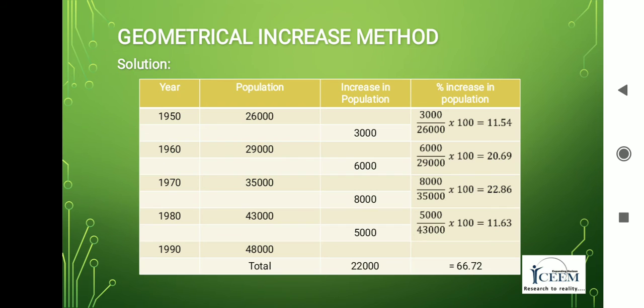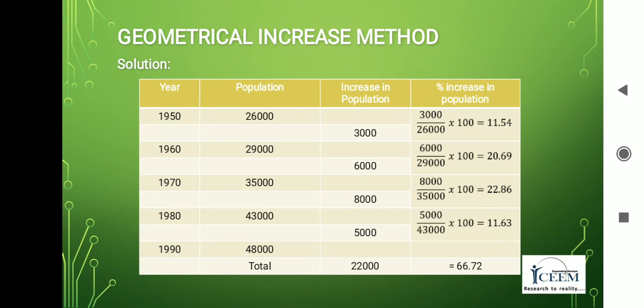This is the table we form in geometrical increase method, in which year is the same, and the population increase from one decade to another decade is also the same as the arithmetical increase method. The only change is in the last column, that is percentage increase in population.